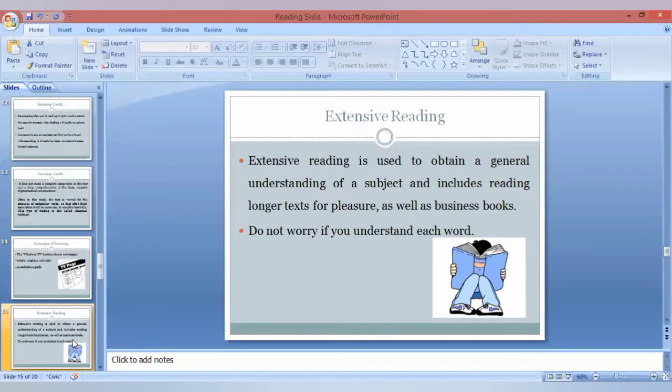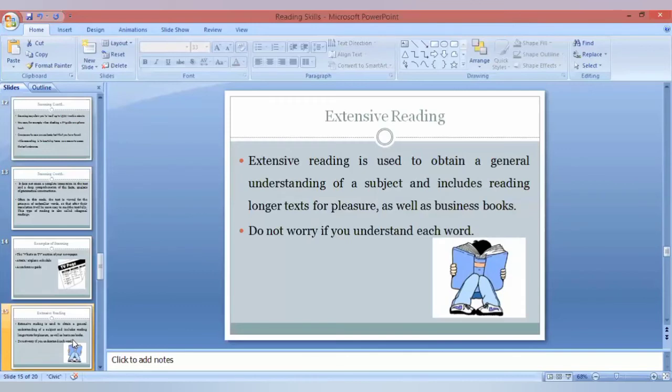And we usually read extensively for pleasure. Business books are also read extensively. So here, this word reading for pleasure is important, because extensive reading requires a lot of time.